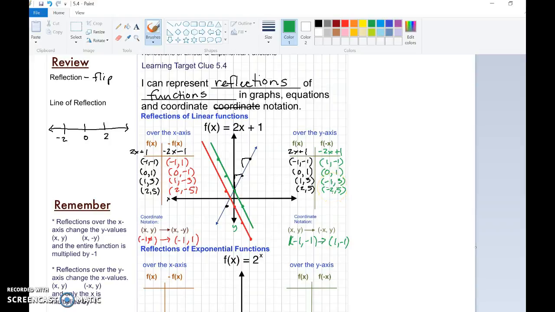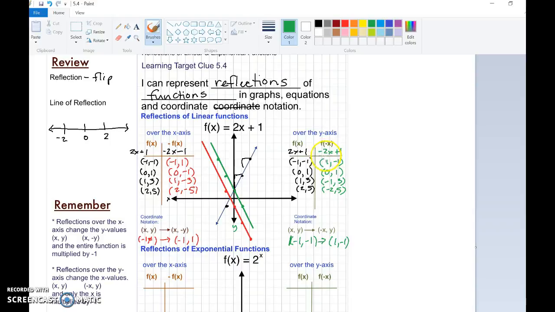As we looked at this, we also saw that our actual equations changed, but the only thing that changed from the 2x plus 1 was the slope. The slope became a negative 2.